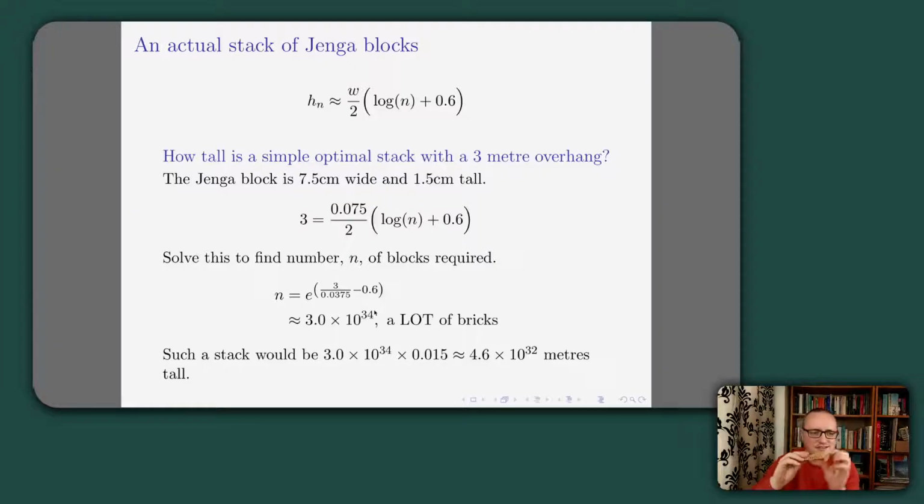Each of these blocks, remember, is 1.5 centimeters tall. So we can work out how high that stack of blocks would be. It would be 3 times 10 to the 34 times 1.5 centimeters, which is 0.015 meters. So it's approximately 4.6 times 10 to the 32 meters tall.